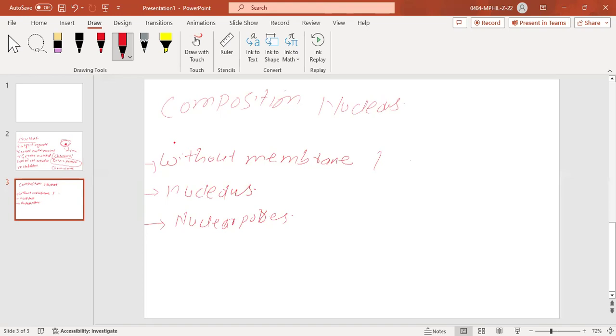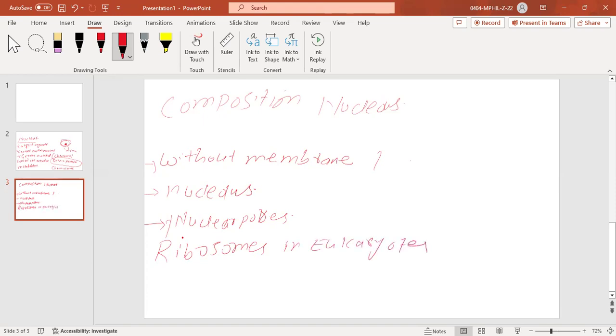Let's talk about the ribosomes which are present in the eukaryotic cell. Do we have an idea what type of difference it will be in both prokaryotes and eukaryotes?